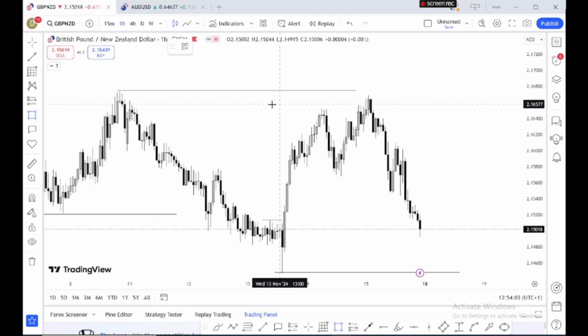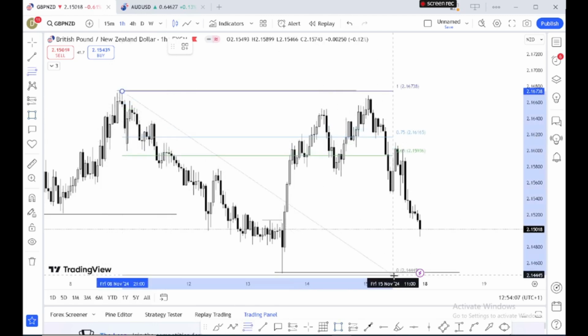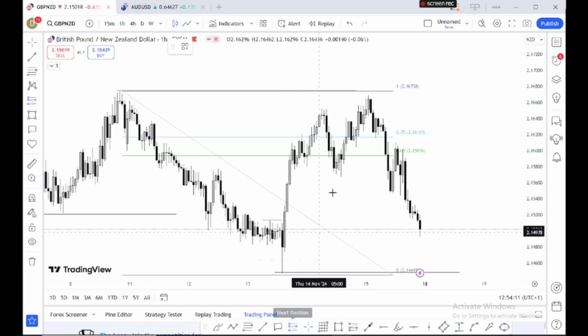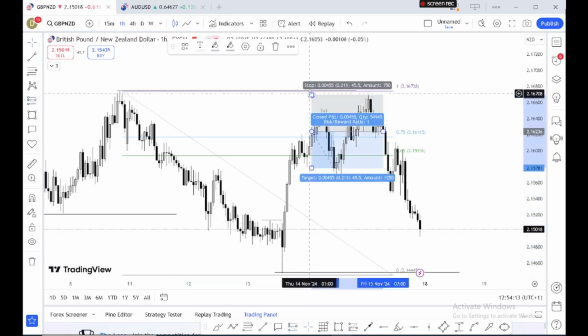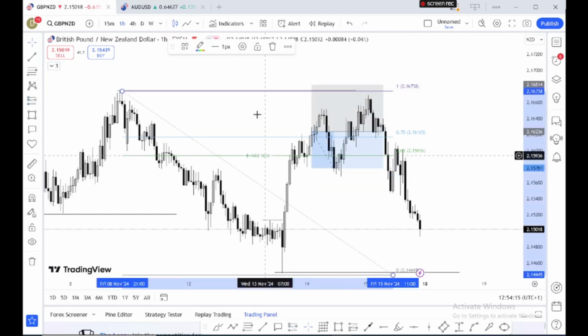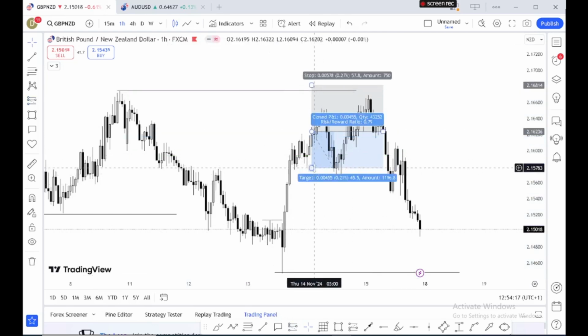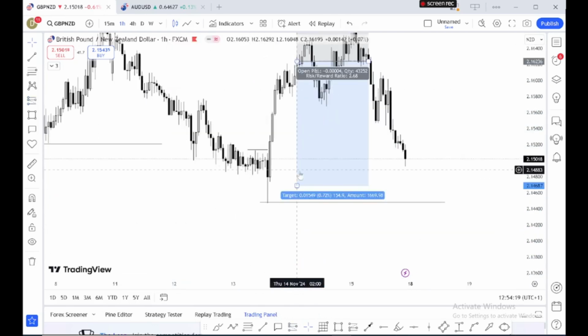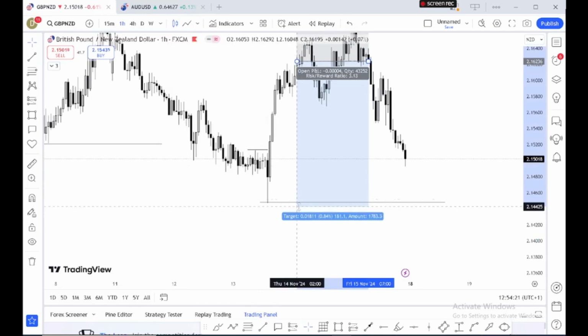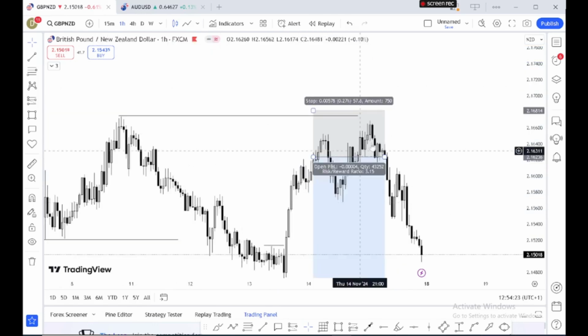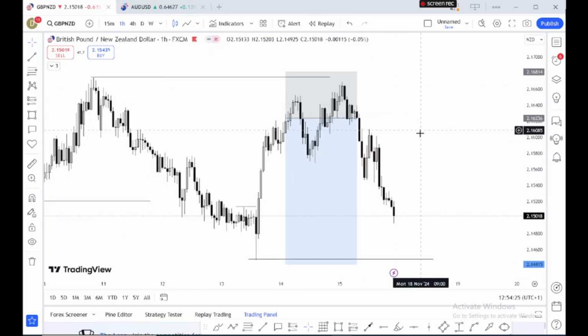So what I did was, since I know that this level will be protected, I just had to put my entry above the 70% pullback, 75% pullback. Since there's no other block for me to target, I look for what? 1, 2, 3.